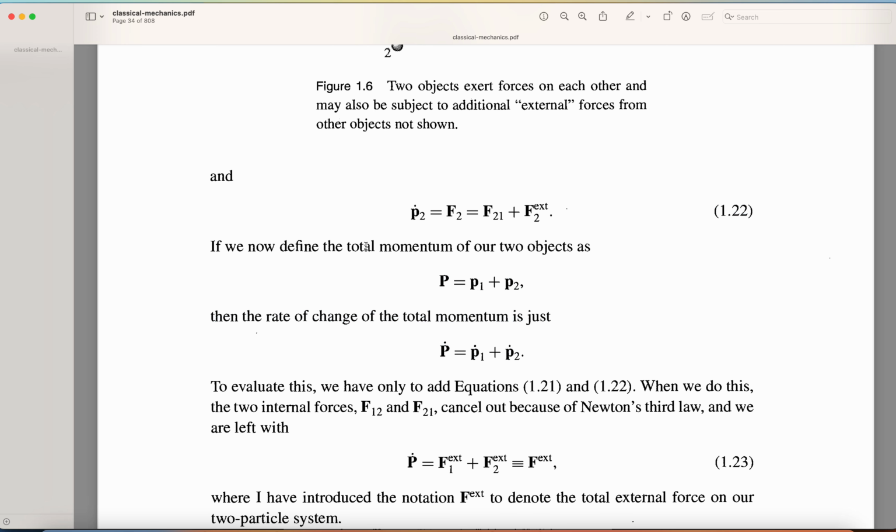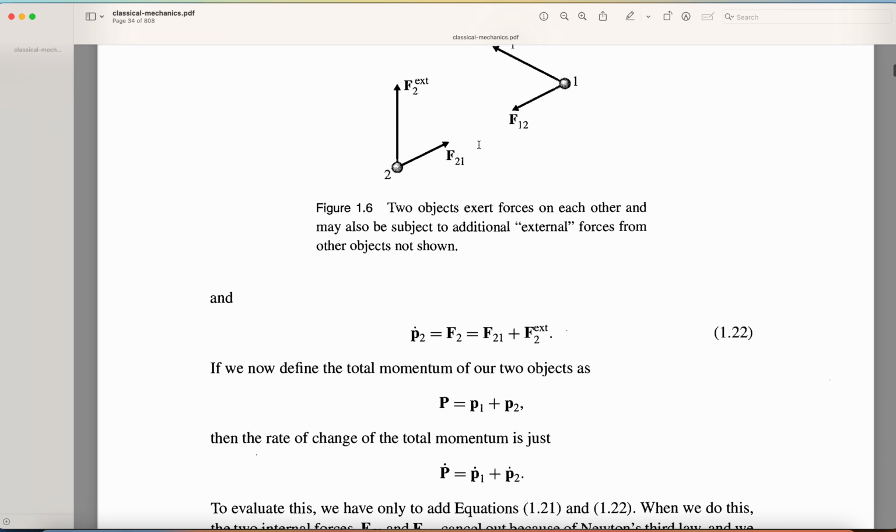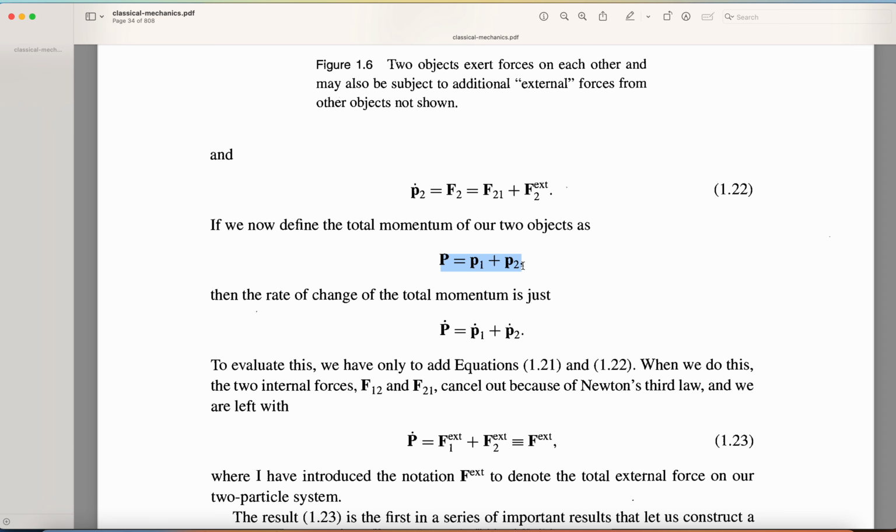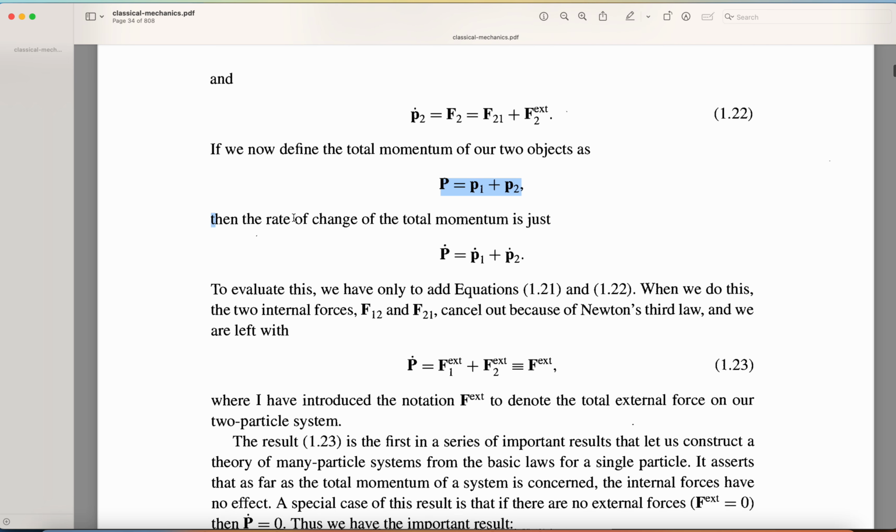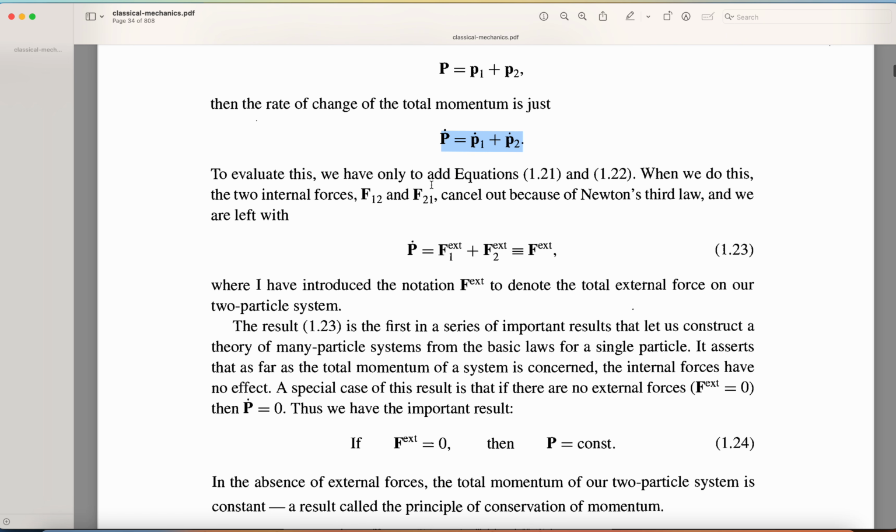So then the book is also interested in the total momentum of the two objects. Perhaps calculating the total change in the system is also important. There can be some rules made concerning the total momentum in a system.